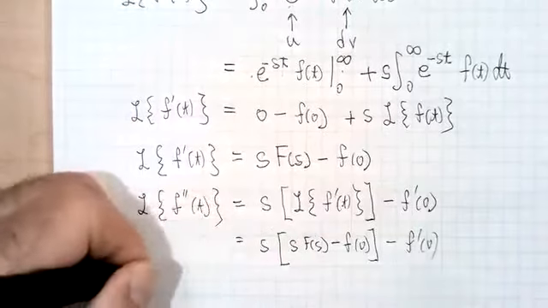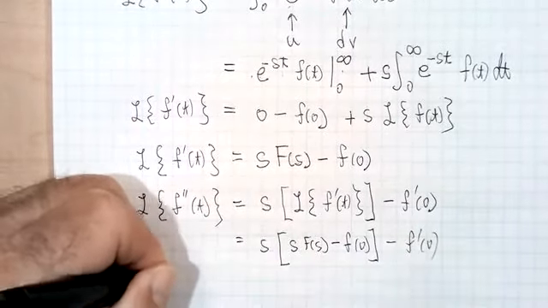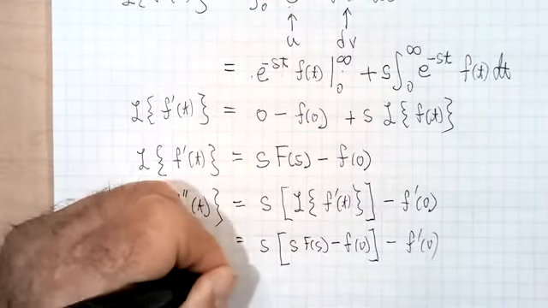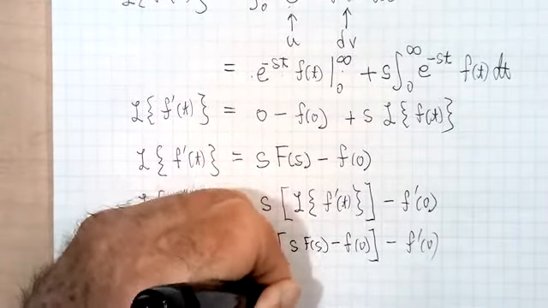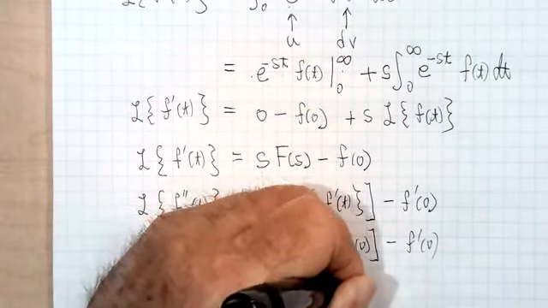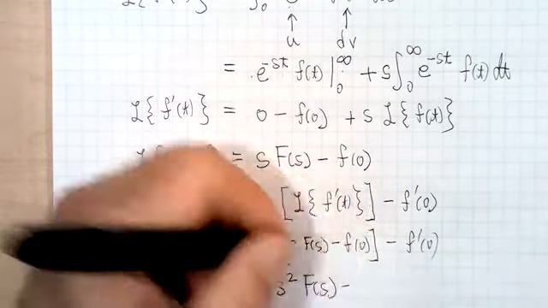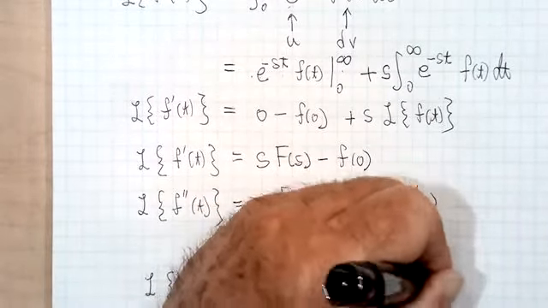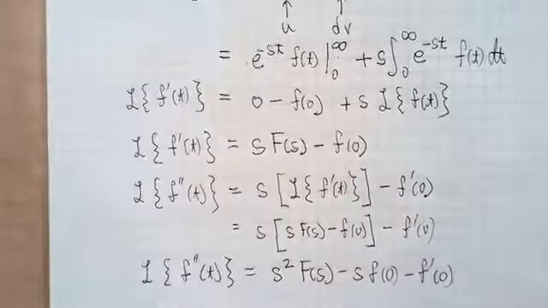And so the Laplace transform of the second derivative of f is s squared, capital F at s, minus s, little f at 0, minus little f prime at 0.